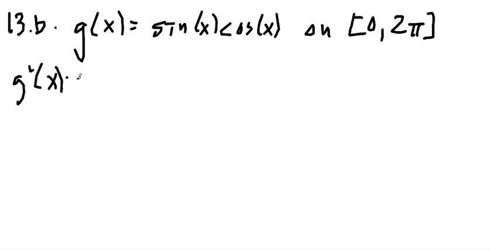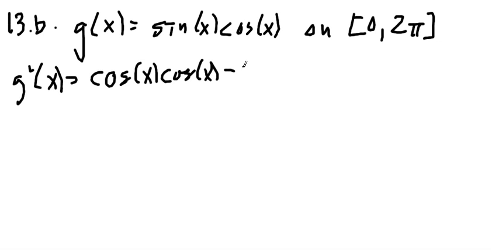g prime of x is equal to, by the product rule, I take the derivative of sine, which is cosine, I multiply by cosine, great, and then I add sine times the derivative of cosine, which is negative sine, so I'm putting a negative there.